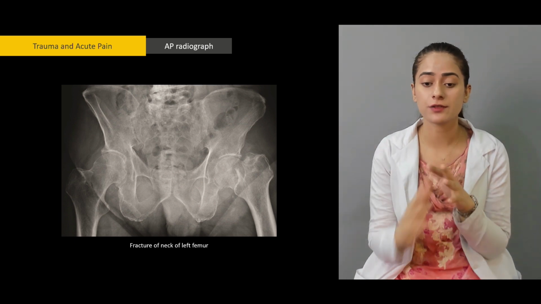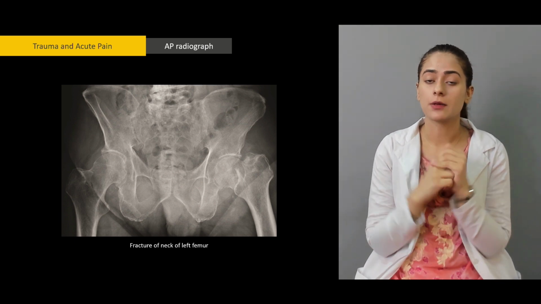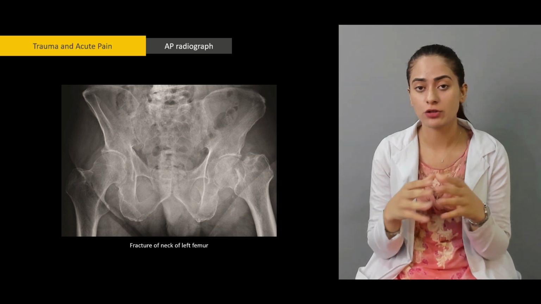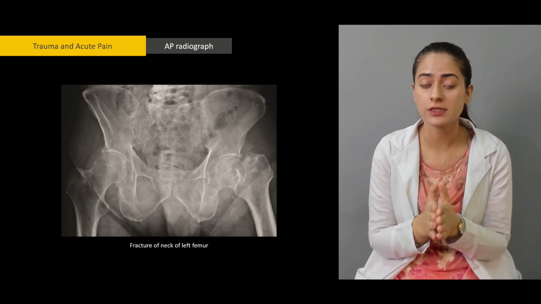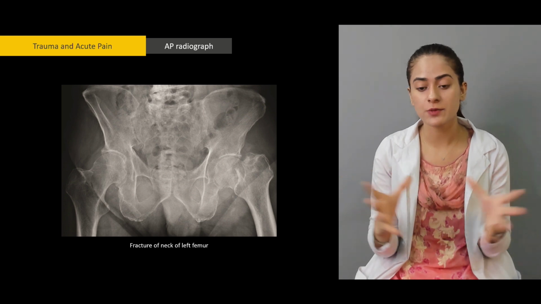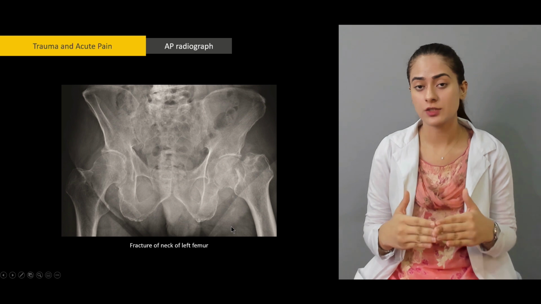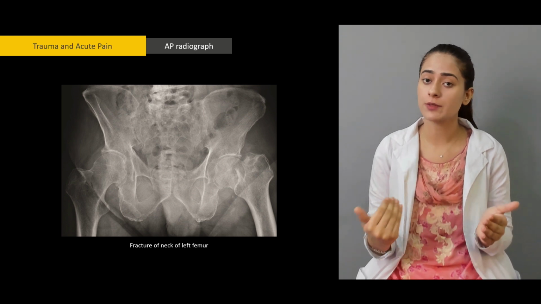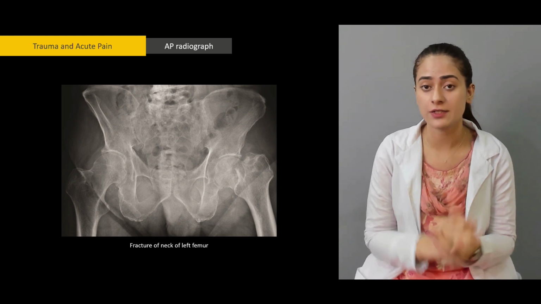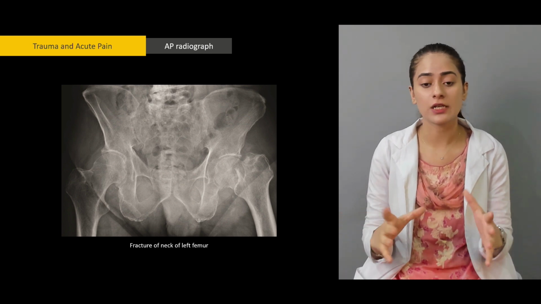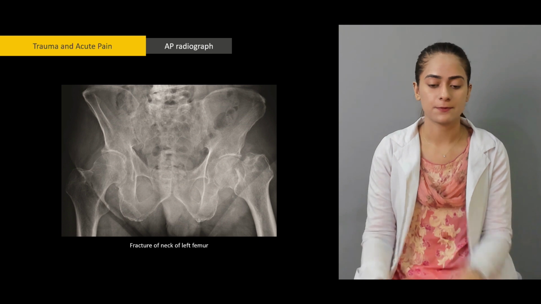The pelvic ring is bigger for females and smaller for males. It's heart-shaped for males and oval-shaped for females. And the angle beneath the symphysis pubis is more for females and less for males. These are some of the differences that can help you in differentiating between a male and female pelvis.